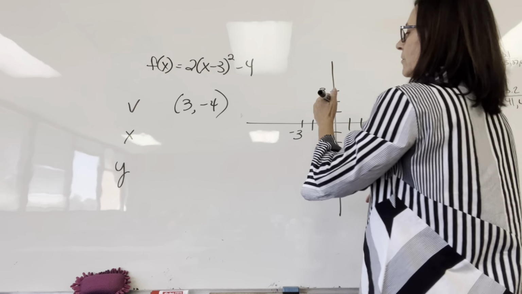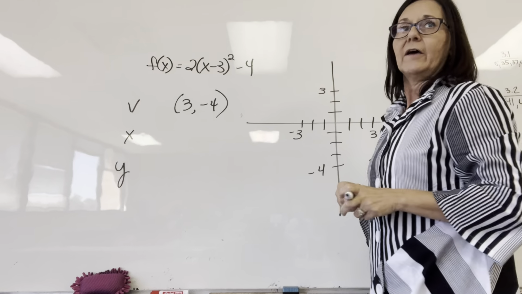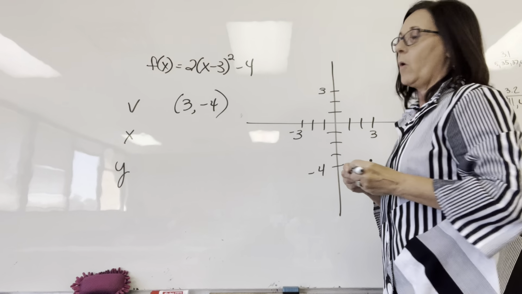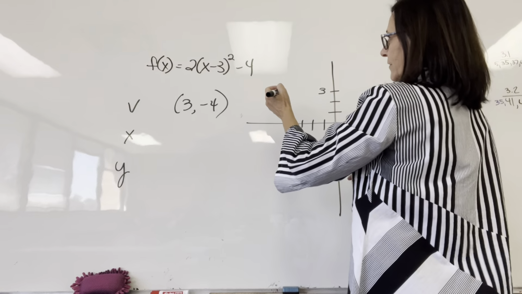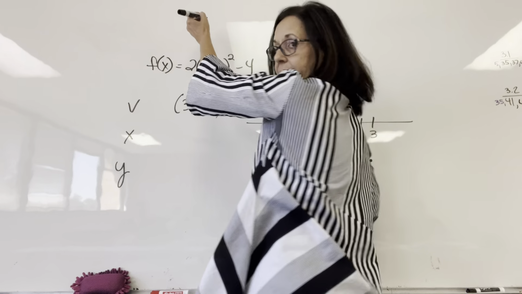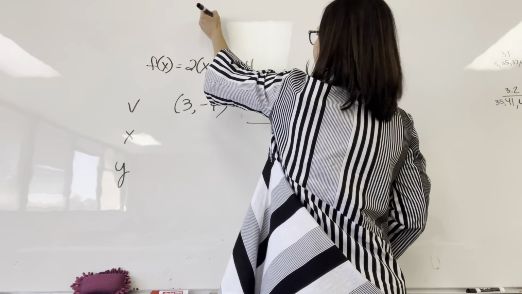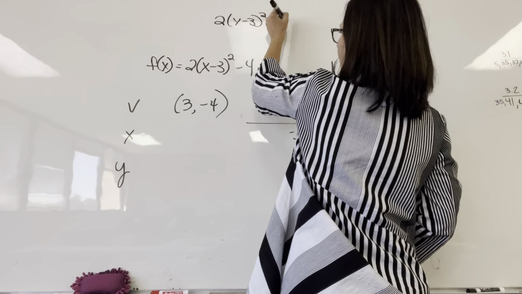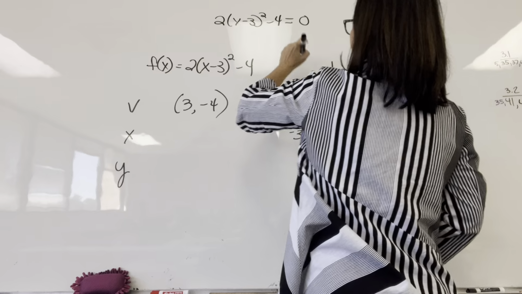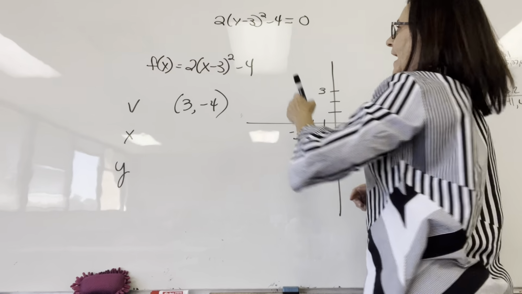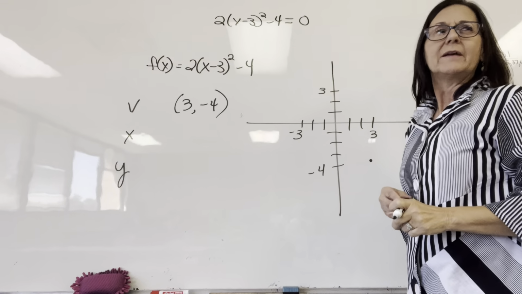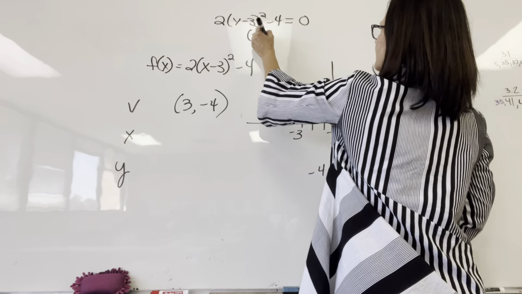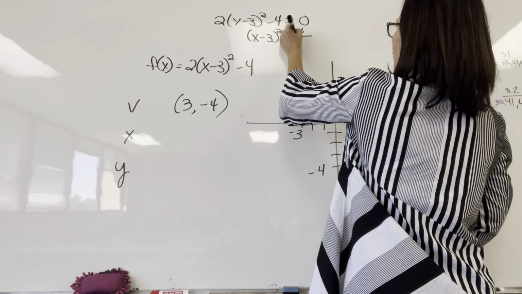All right, so the x-intercepts are when y is 0. So set it equal to 0. 2 times x minus 3 squared minus 4 equals 0. Add 4. Can we add 4 and divide by 2 at the same time? x minus 3 squared equals 4 over 2.